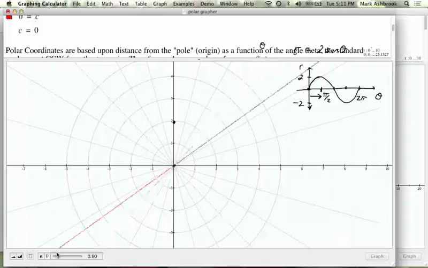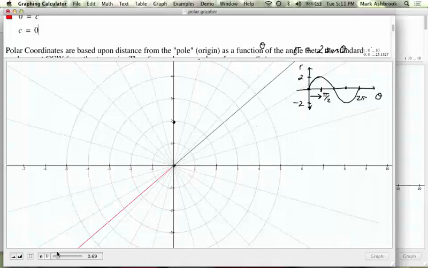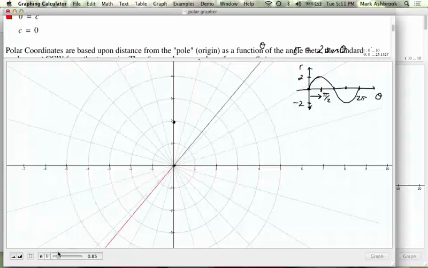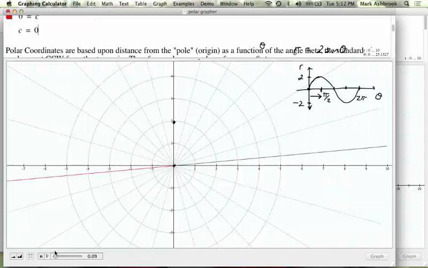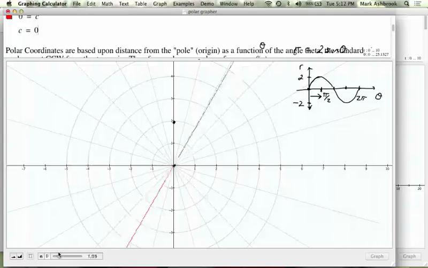I'm showing black for positive r and red for negative r, okay? So theta is going to go from 0 to pi over 2, and as it does that, r is going to increase from 0 to 2.